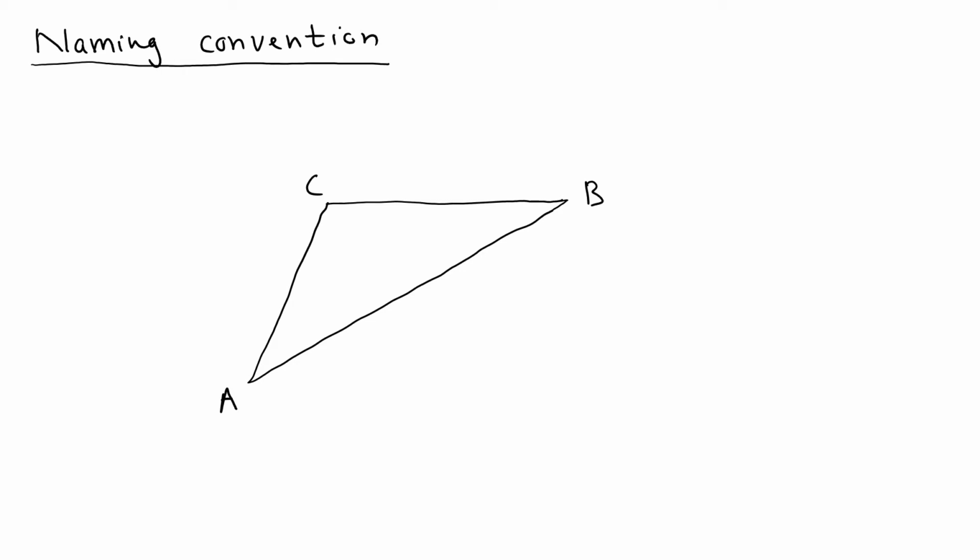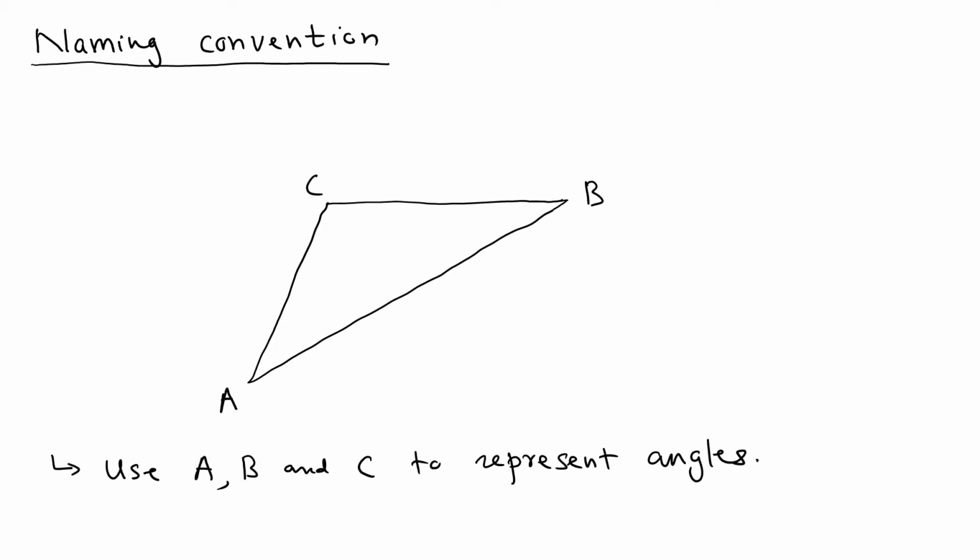There's a naming convention. We're going to use the letters ABC to represent the angles themselves. If you want to say the angle at A, we are not going to say CAB. I mean, you can, but it is much easier to represent the angle by the vertex itself.